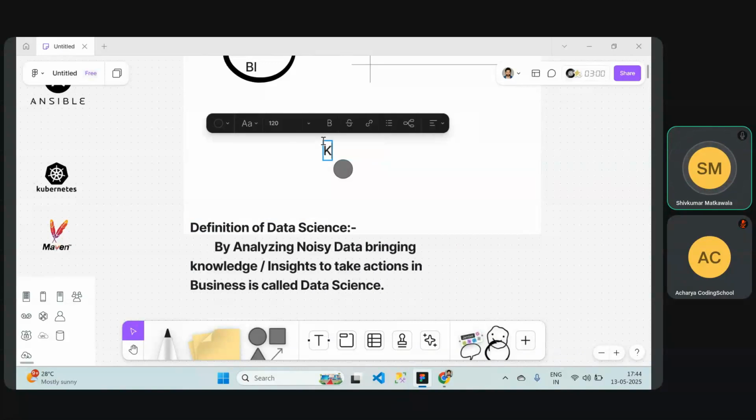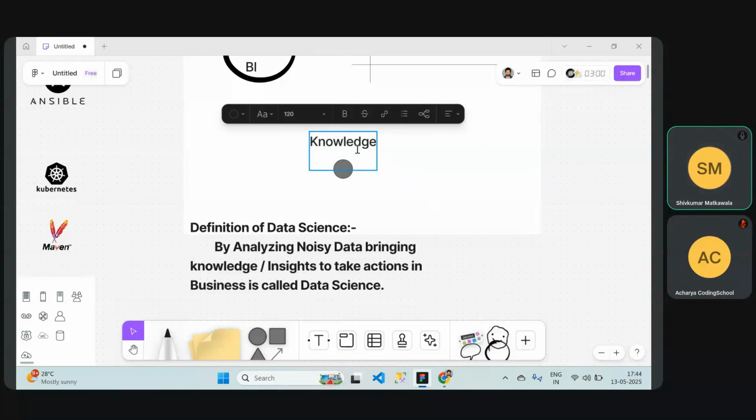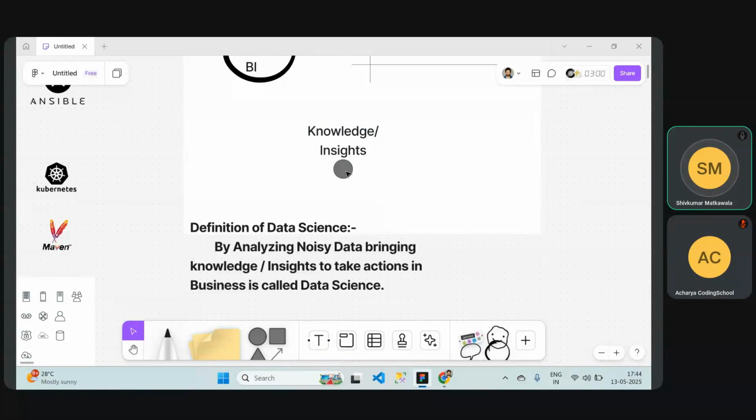So I will write here knowledge or insights. But to get the knowledge or insights, you have to have raw data, noisy data. You have to have data.